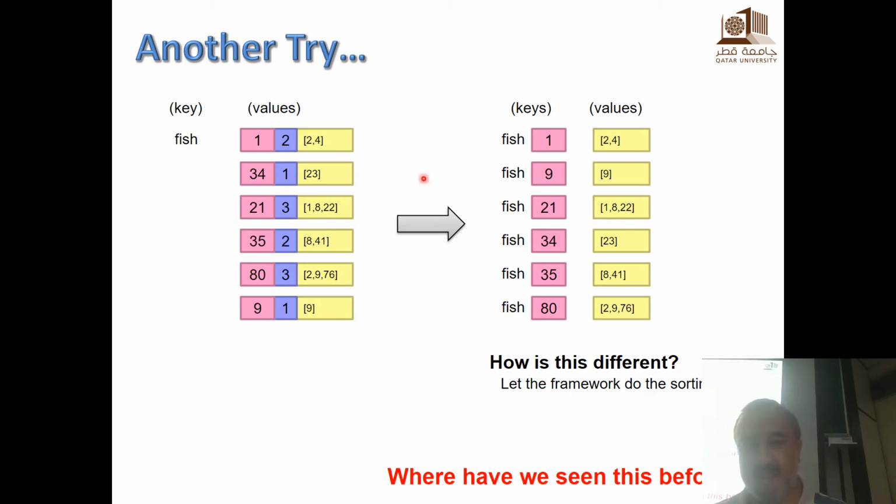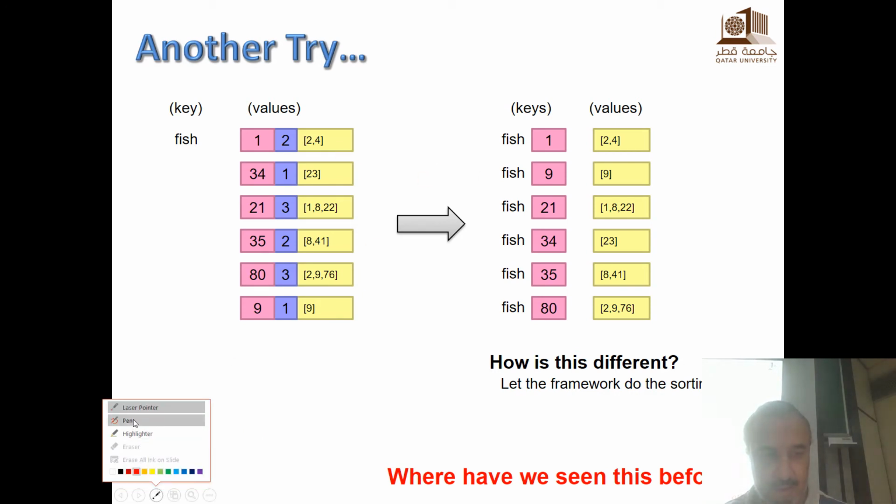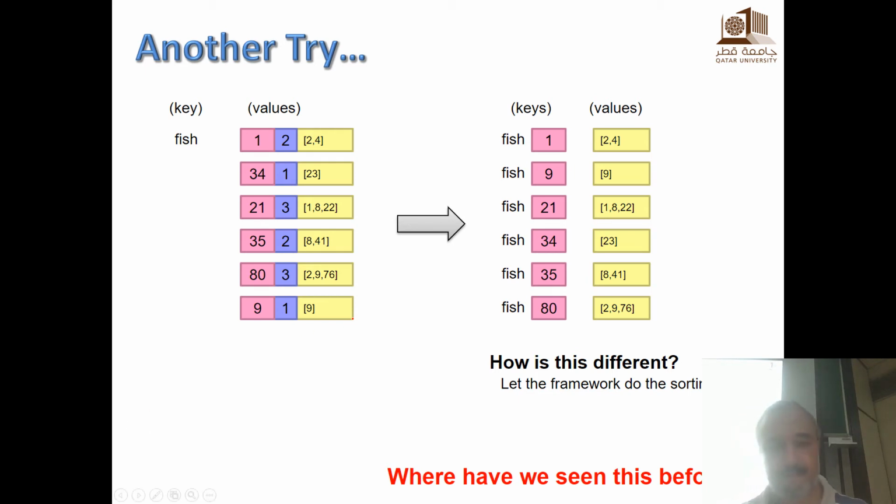Okay, so let's say that before fish there was anything with E, Egypt, with all of the document numbers. Then comes fish. Then what is it?